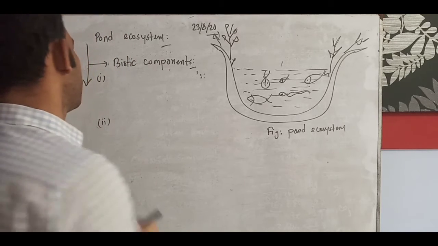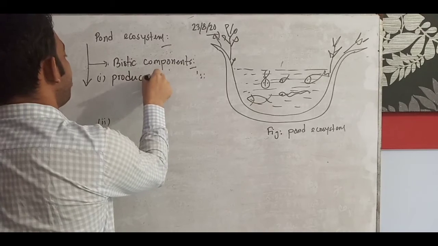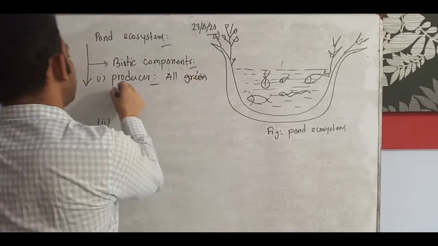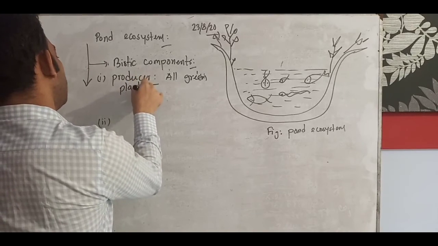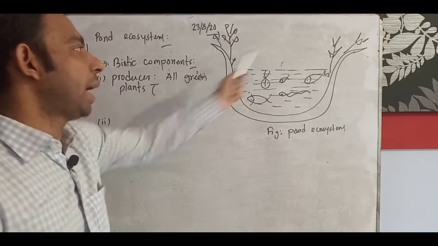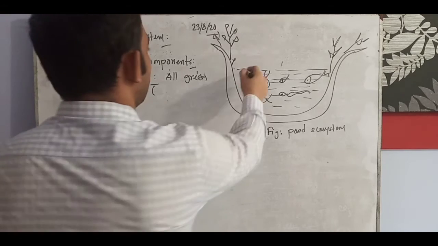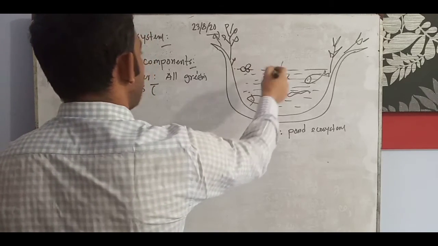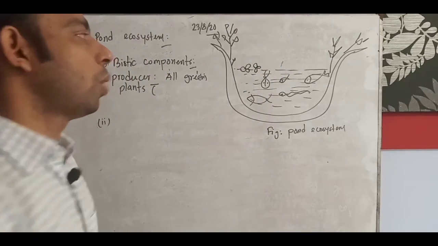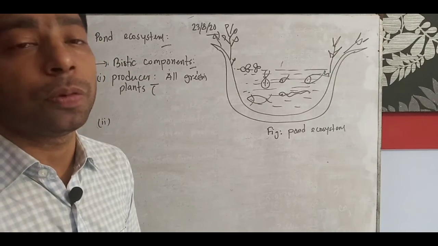The first one is the producer, and the producer is the same in any kind of ecosystem: all green plants. In the pond ecosystem, the green plants are around the bank, or there are small fungus or algae-like structures at the top of the water, and importantly we know the phytoplankton.